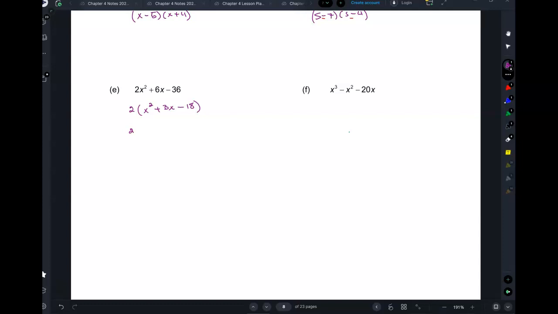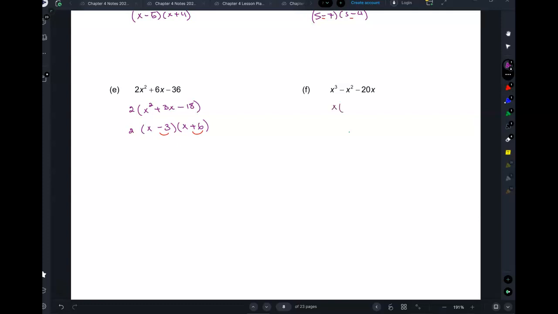It comes along for the ride, right? Here we're going to get x. I need two numbers to multiply to negative 18, but add to 3. Negative 3 and 6. Right? Do you see how when you add these, you get positive 3, but when you multiply them, you get negative 18?